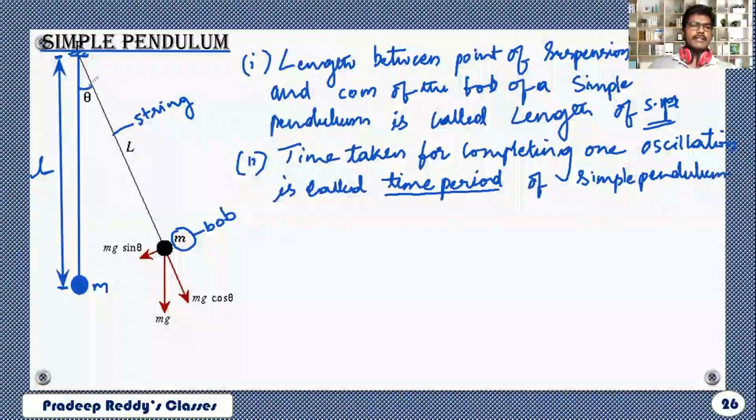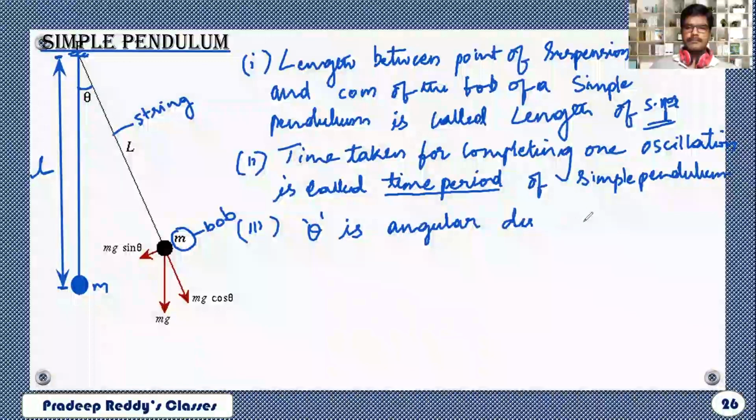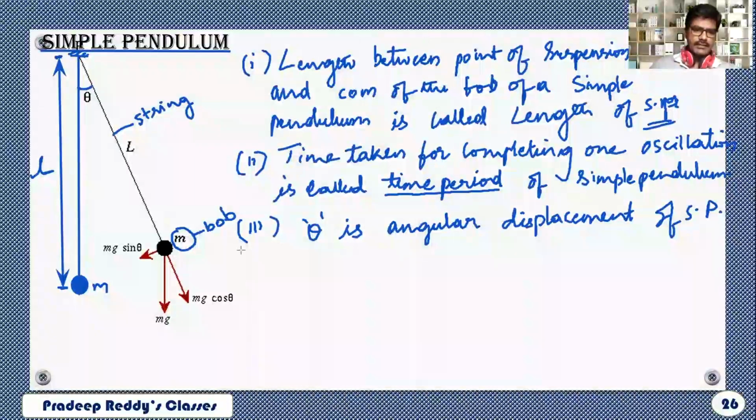Right, now this is angular displacement. So let theta be the angular displacement of the simple pendulum, and this vertical length or horizontal length, either you can consider this as displacement, or you can even consider the length from here to here.